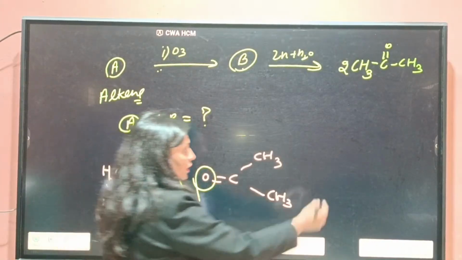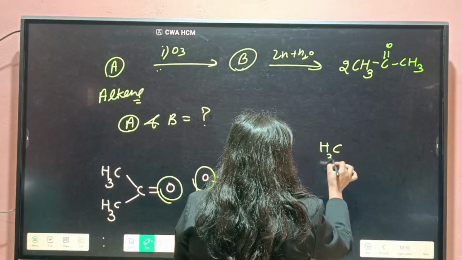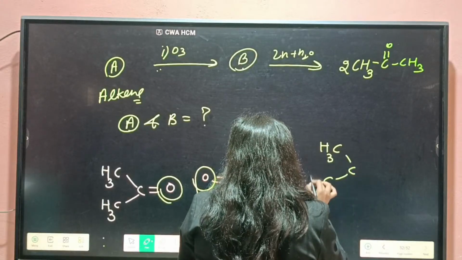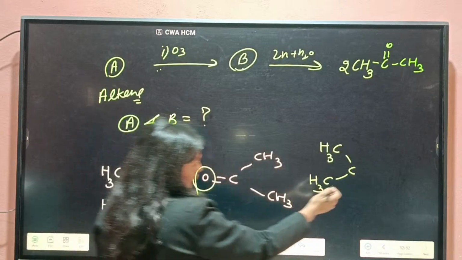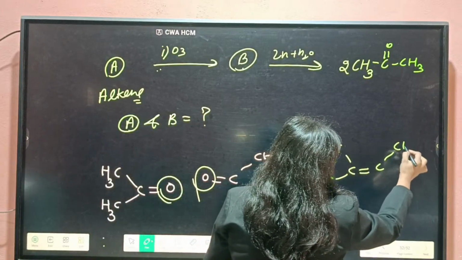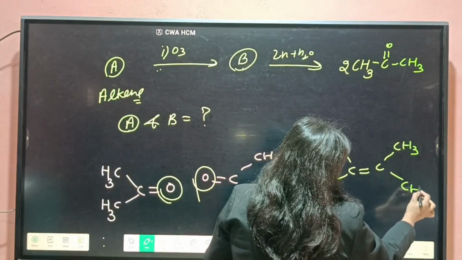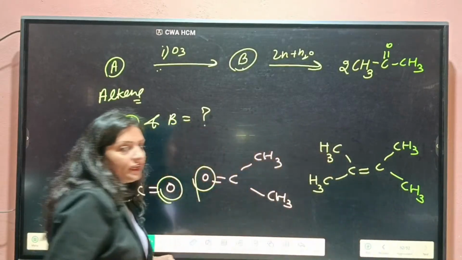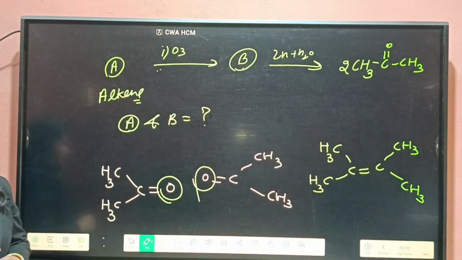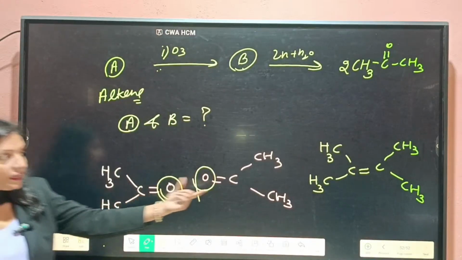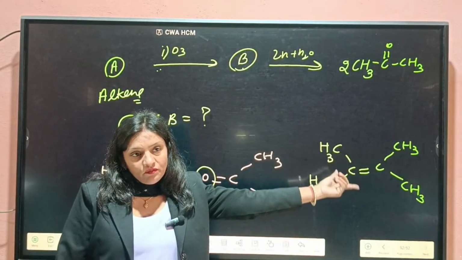Okay, after removing, make a double bond between these two carbons only. Means that was the alkene. Here this one is the A. Very simple to write.